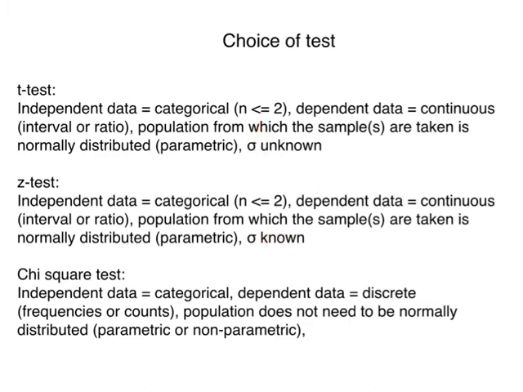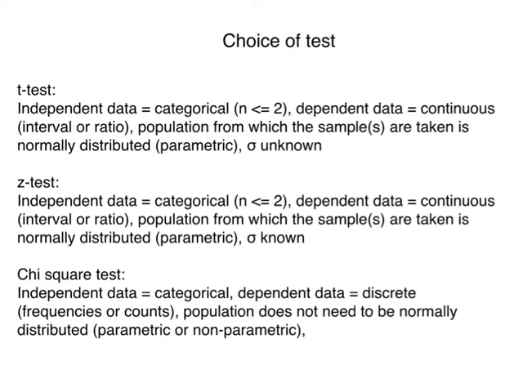So that's the main difference. The sample sizes for both can be really anything that we care about, although the rule is usually for a z-test we want to have a reasonably large sample size, so usually more than 30 observations, more than 30 data points, whereas the t-test is a little bit more relaxed.